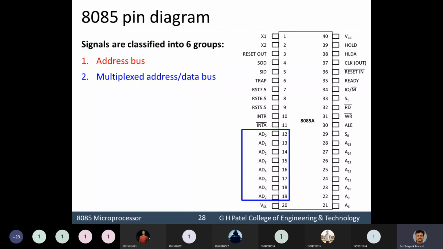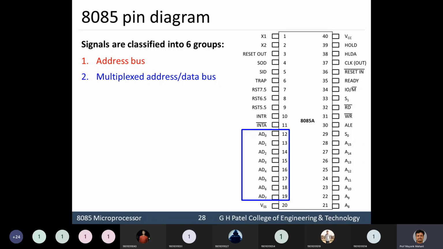The second is the multiplexed address and data bus. As I already told you, we have address and data lines which are multiplexed. The whole address bus is not multiplexed with the data, because we have 8 data lines and 16 address lines.